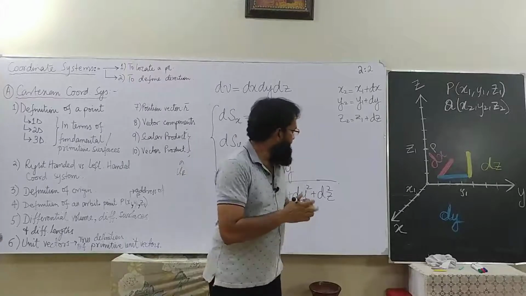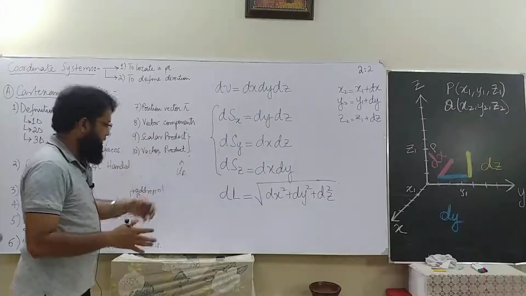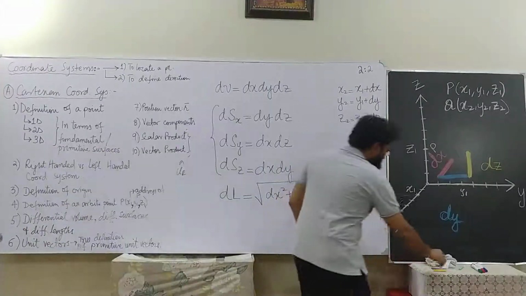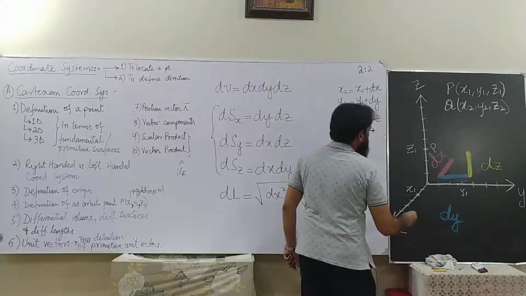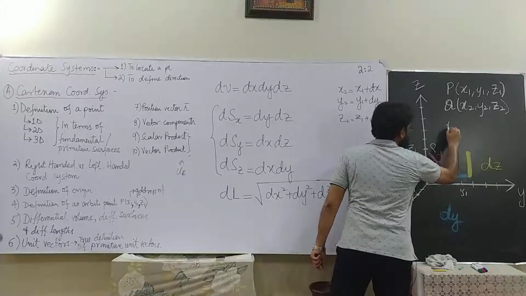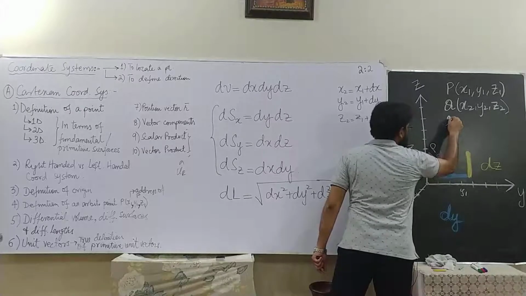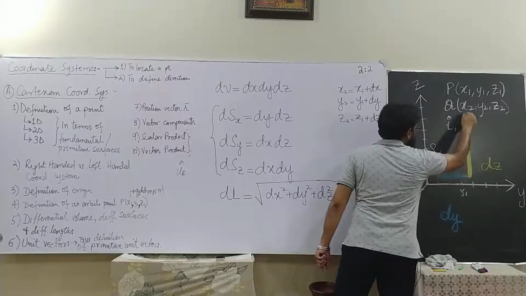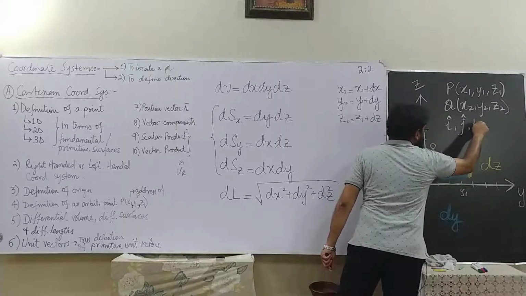For Cartesian coordinate system, you all know that we have got three primitive unit vectors, i, j and k.